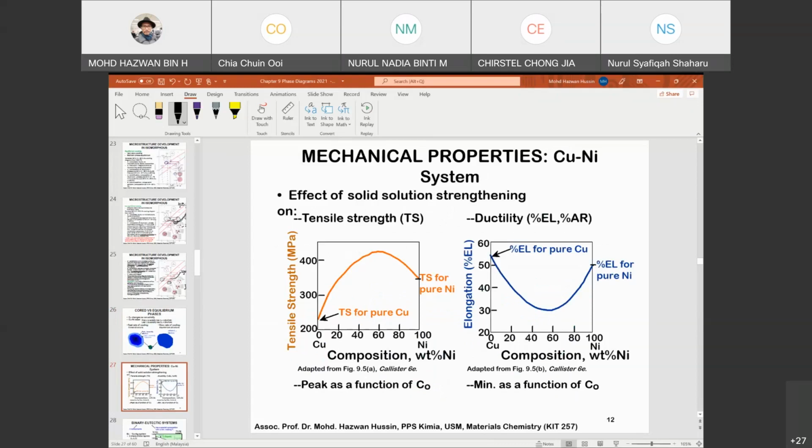For example, over here, if you increase the composition of nickel up to 100%, at a certain point, at 60%, the tensile strength will be at the optimum, and after that, it will decline. You will understand more about the tensile strength diagram in the next chapter on mechanical properties.